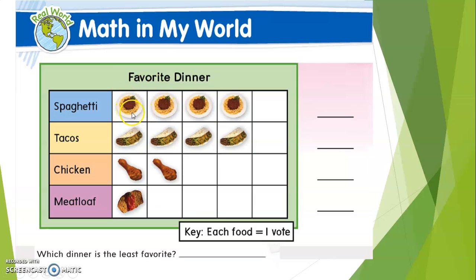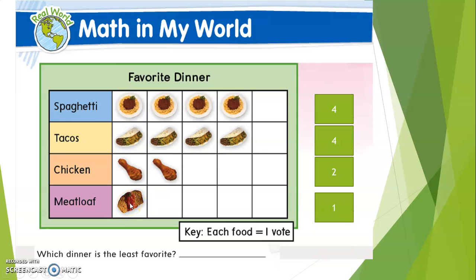Let's count the spaghetti. 1, 2, 3, and 4. So the spaghetti has 4. Let's see the tacos. 1, 2, 3, 4. We have 4 also voted for the tacos. Let's see the chicken, how many they have. 1, 2. So we have 2 for the chicken. And for the meatloaf, we have 1.